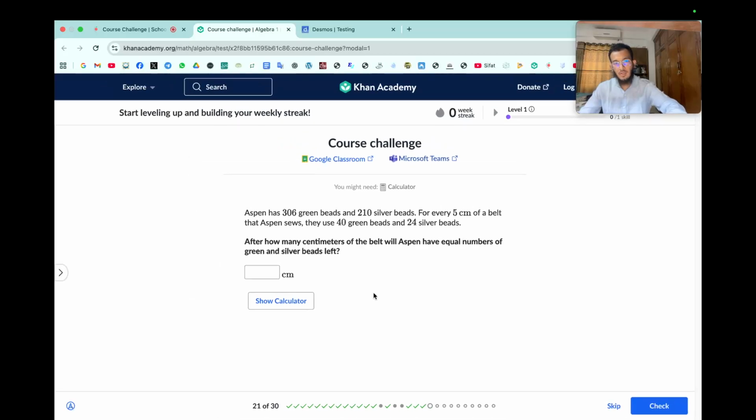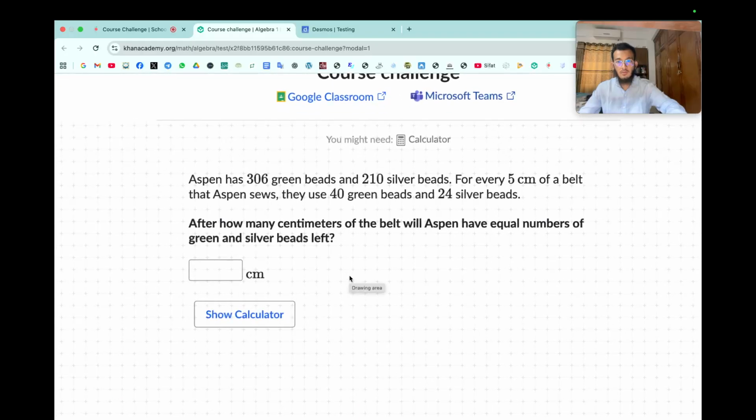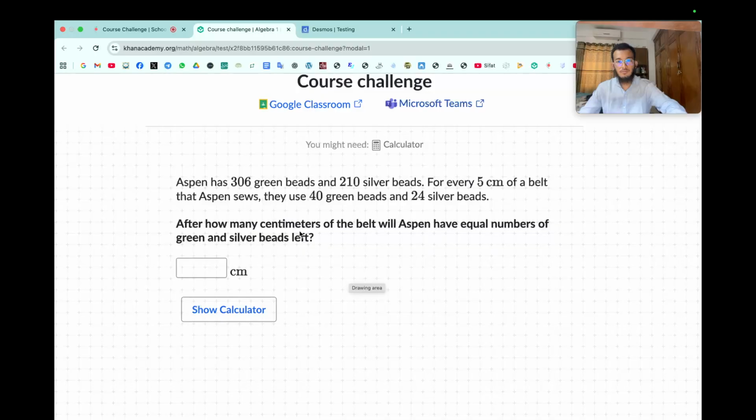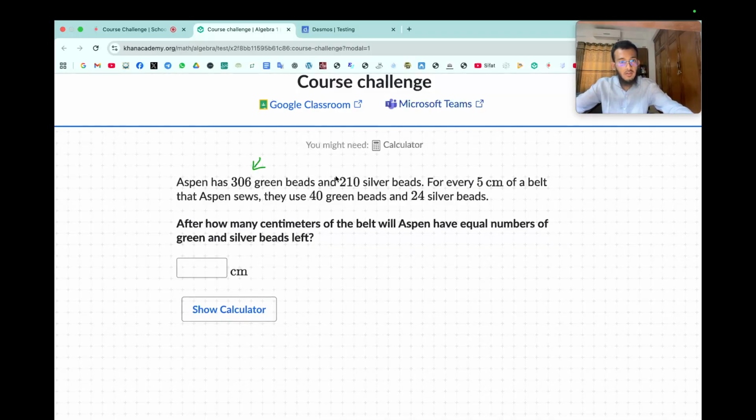Okay, we basically have to form two linear equations and find the intercept, the common point.